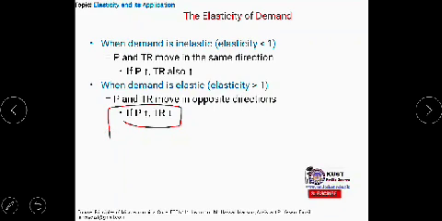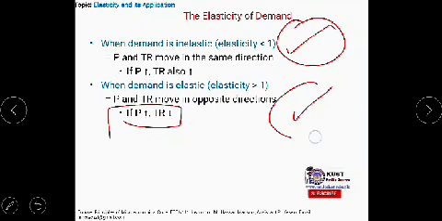So now you can see the summary of this whole lecture over here, that when demand is inelastic, you can increase the price, and when the demand is elastic, you cannot increase the price very easily. Why? In this case, the substitutes are not easily available, whereas in this case, there are substitutes which are available. So if you increase the price, there are chances that you will lose the revenues.